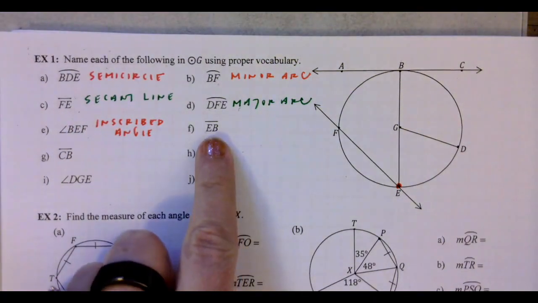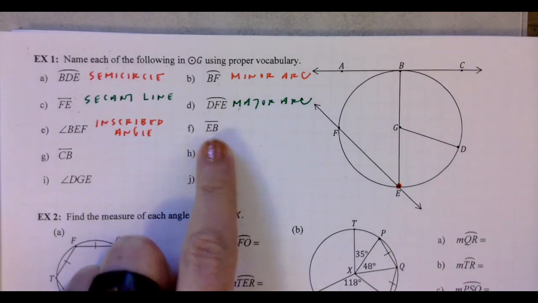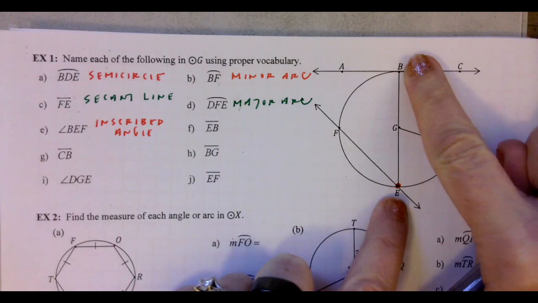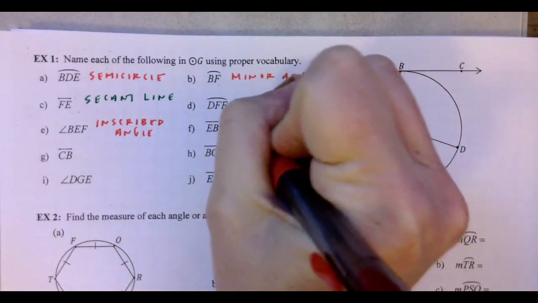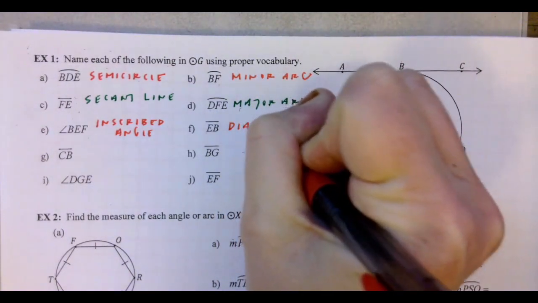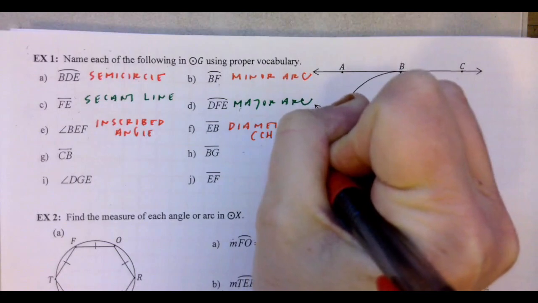Okay, segment EB. So EB, those are endpoints on the circle. It passes through the center. So that would be not just a chord, that would be more specifically the diameter. But remember that your diameters are always also chords.